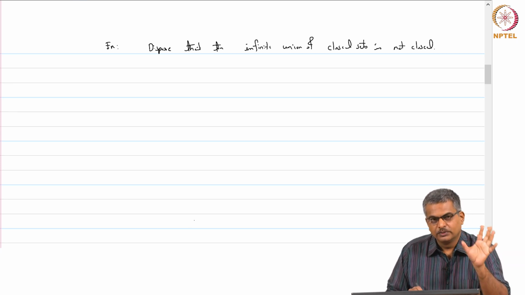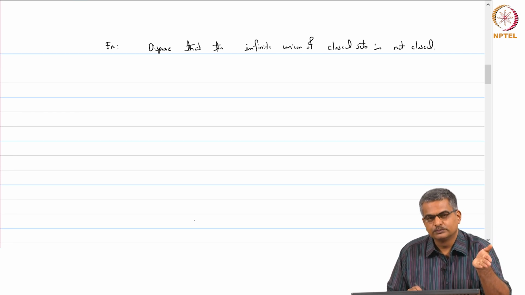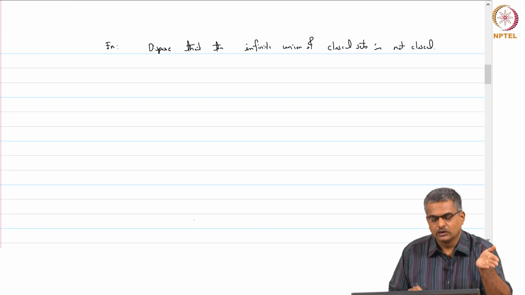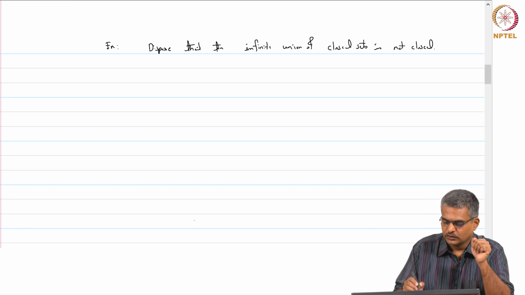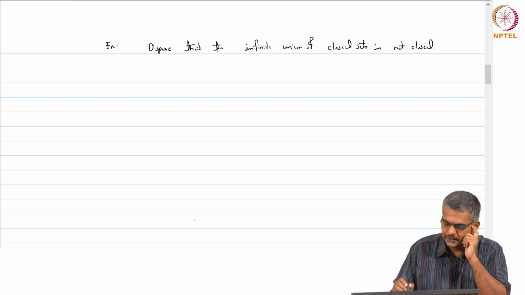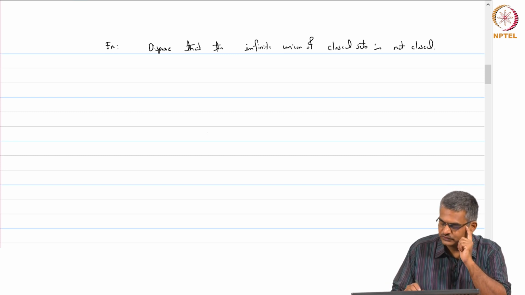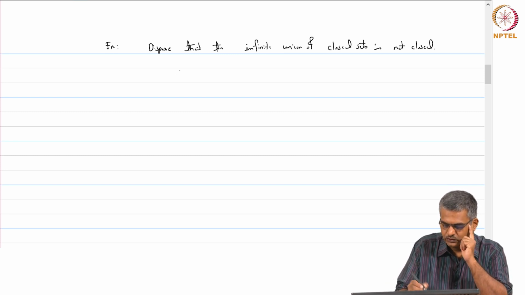In open sets also you had something to disprove with a counter example, and here we will come up with an example to show that the infinite union of closed sets is not closed. So, we just need to come up with an example.